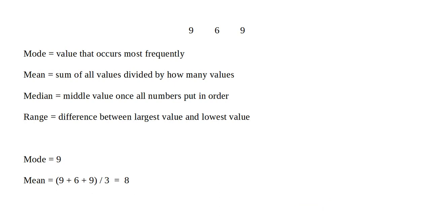And then I want to find the median. Well, first thing I need to do with the median is I want to take my data, my values, and I want to order them. Normally we do it from lowest to highest, and then we'll look at trying to find the middle value. So let me just rewrite those numbers.